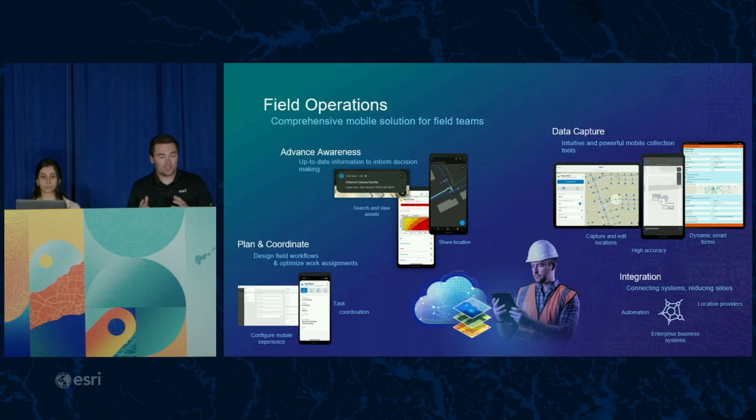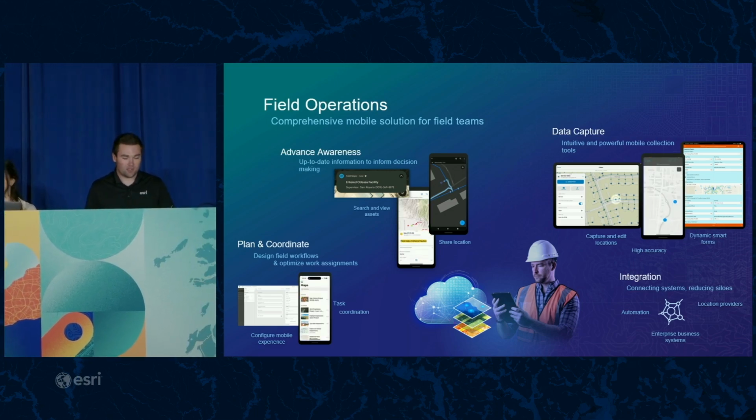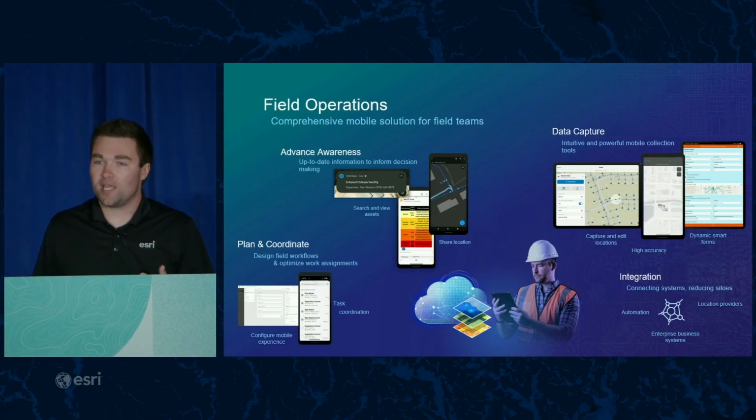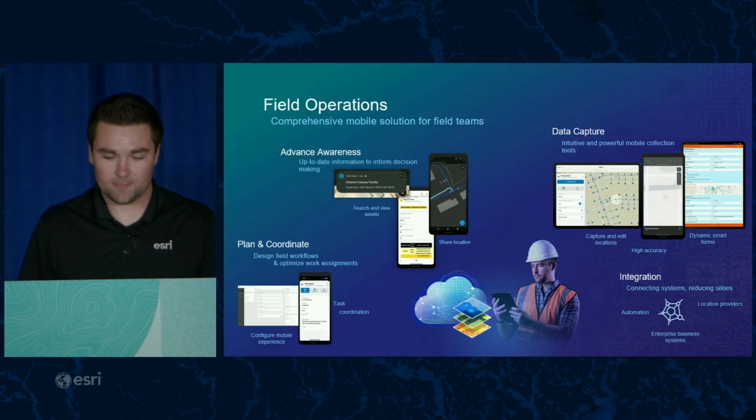Moving over to advanced awareness, so having up-to-date information for decision-making, empowering those field workers to make decisions and do their work the most efficiently. So things like searching and viewing assets, as well as sharing their location back to the platform and back to folks back in the office.